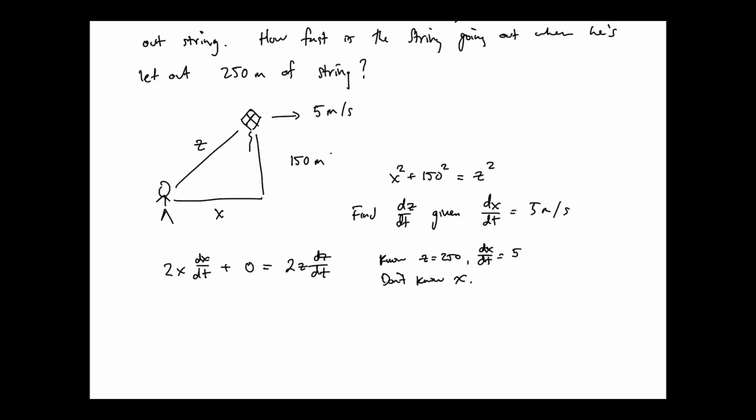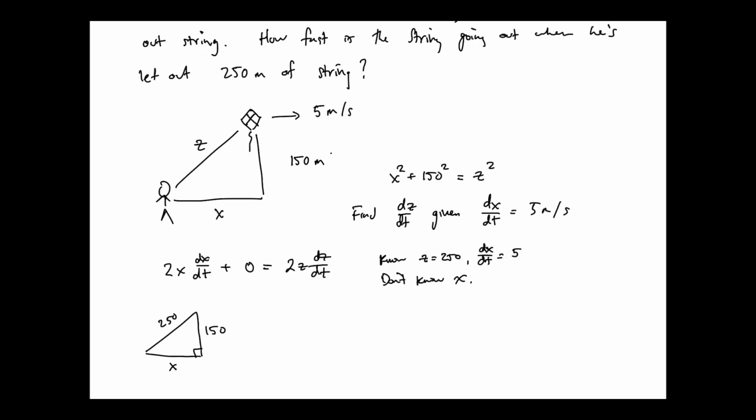And so to find x, what we actually just do is we go back to Pythagoras' theorem, because at that moment, we do know this, right? At the instant in time where there's 250 feet of string out, or meters, excuse me, we know it's 150 meters above the ground. We know he's let out 250, and we know this is a right triangle.